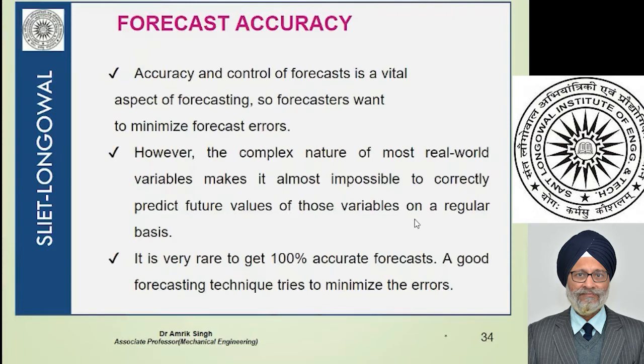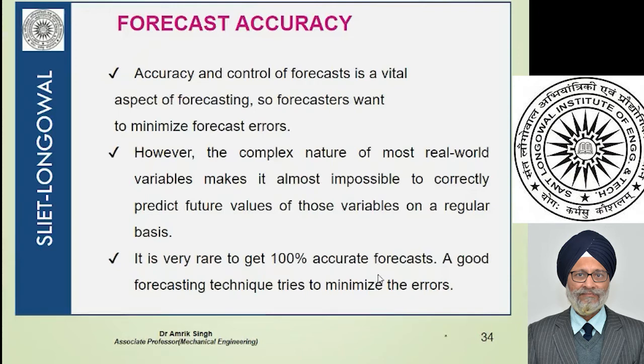There are so many things we have seen. There is a cyclic variation, there is a random demand, there is non-randomness, there is seasonality, and no trend is existing. So many parameters are there, owing to which it is rather very difficult to make an accurate forecast.